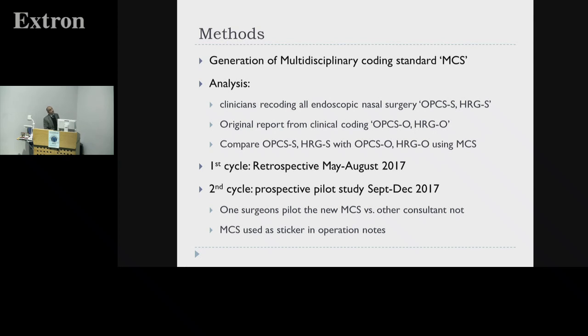The first cycle we ran from May to August 2017, and the second cycle was from September to December 2017. When you look at the OPCS, the one with O was the original coding, obtained from the clinical coding department, and the one with S is the standard after it was reinterpreted by the 2 trainees who were trained how to read the clinical coding.